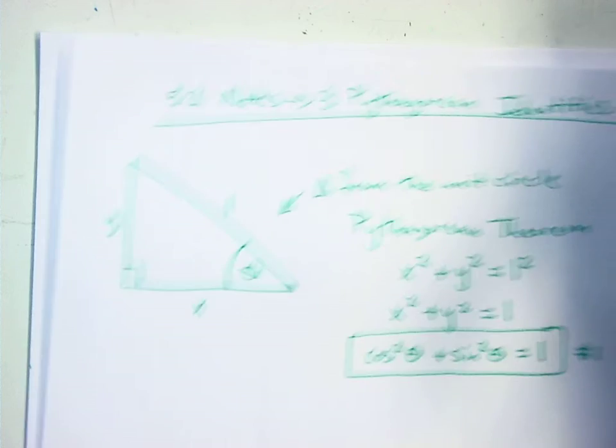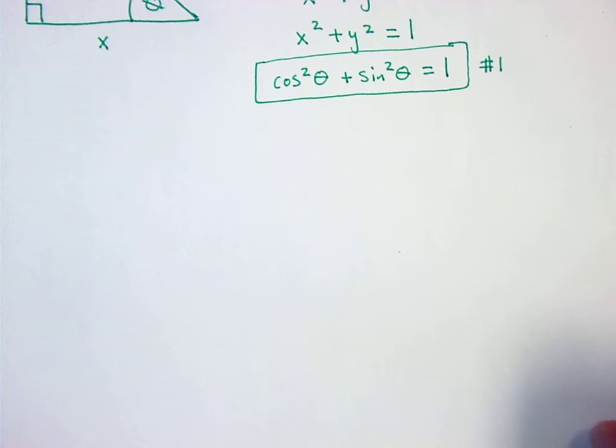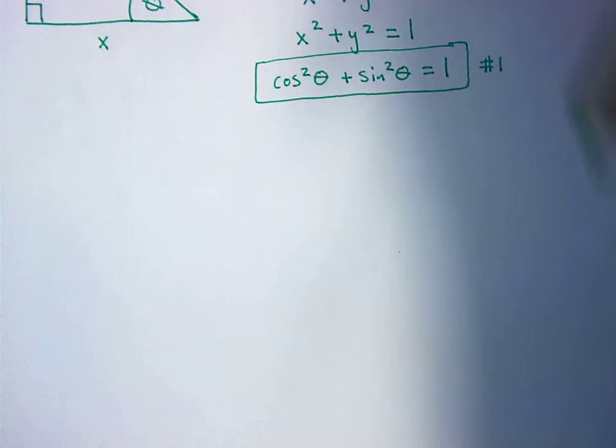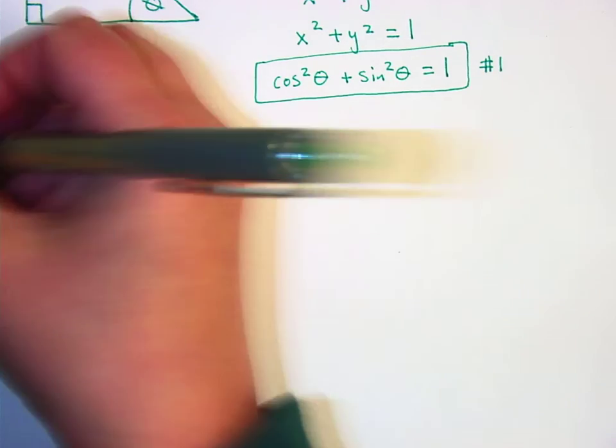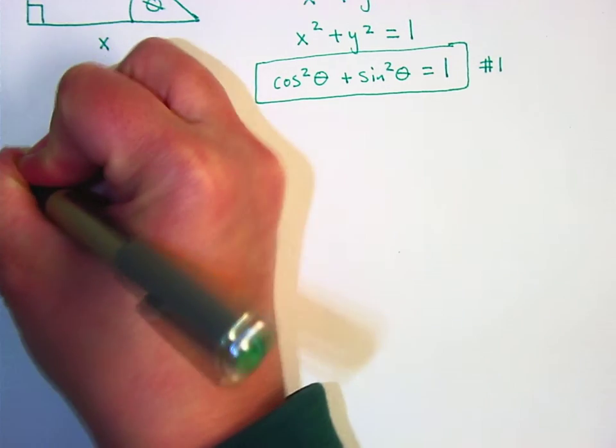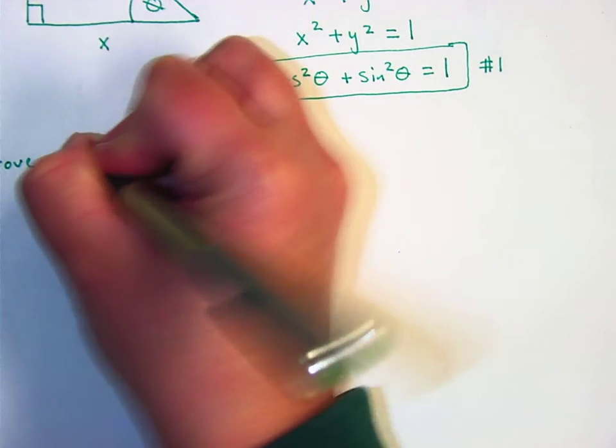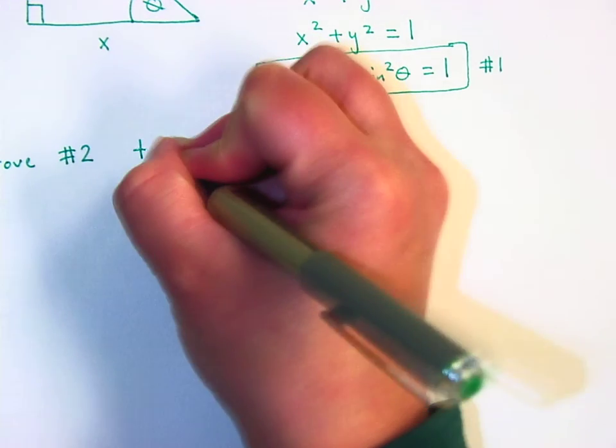So, going back to my note sheet, let's try Pythagorean identity number 2. This one, I'm going to use a different tactic, and I'm just going to prove it to you.